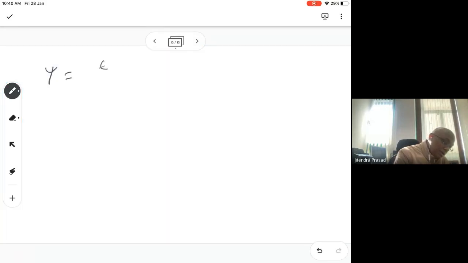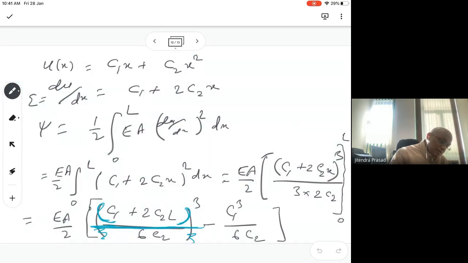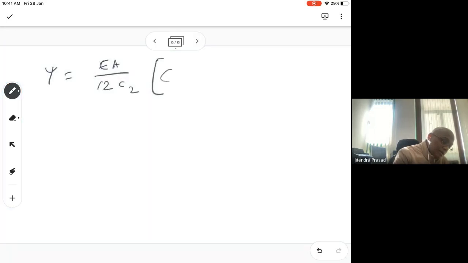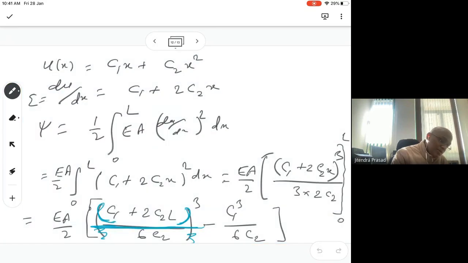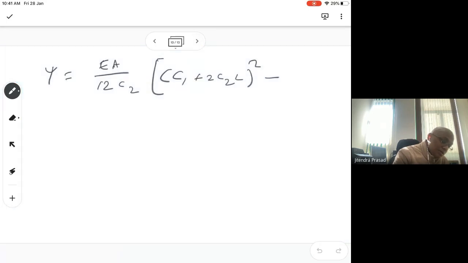So EA over 12 C2, and then C1 plus 2 C2L, the whole cube, minus C1 cube. So this is the psi.